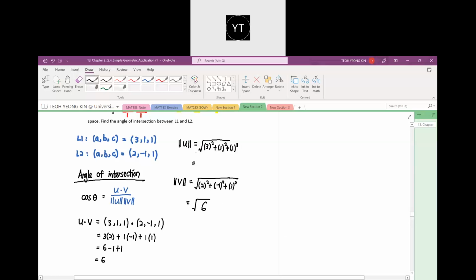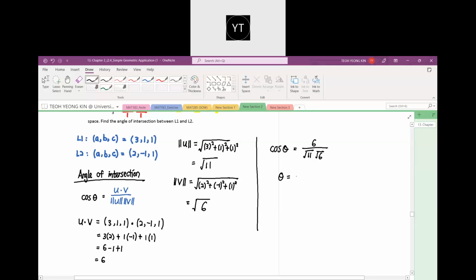Finally, cos theta is equal to the dot product of UV, which is 6, over the magnitudes of U and V, square root of 11 times square root of 6.